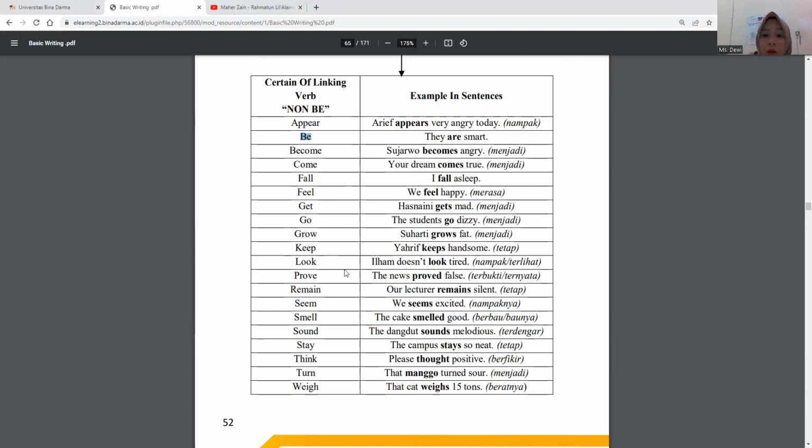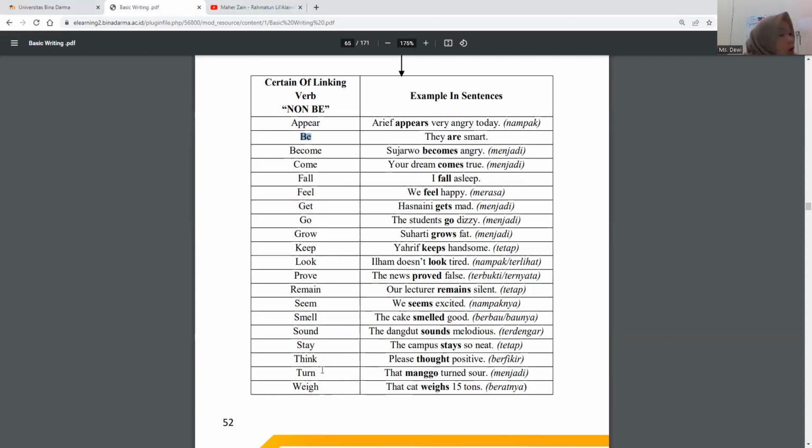Look, Ilham doesn't look tired. Proof, the news proof false. Remain, our lecturer remains silent. Seem, we seem excited. Smell, the cake smelled good. Sound, the dangdut sounds melodious. Stay, the campus stays so neat. Think, please thought positive.